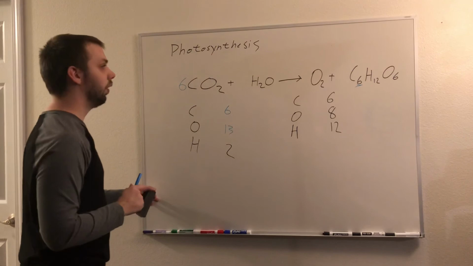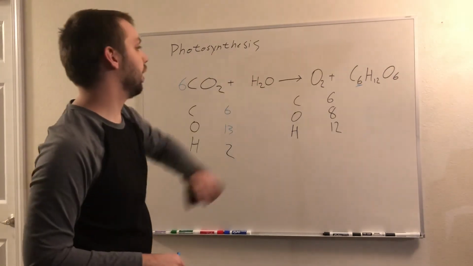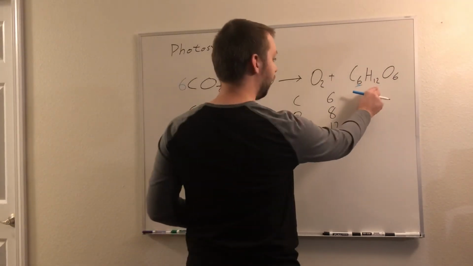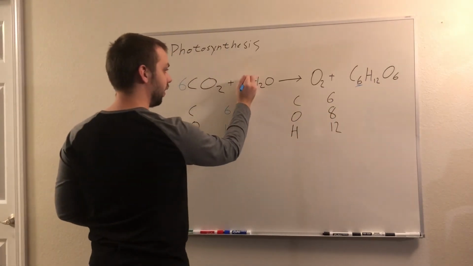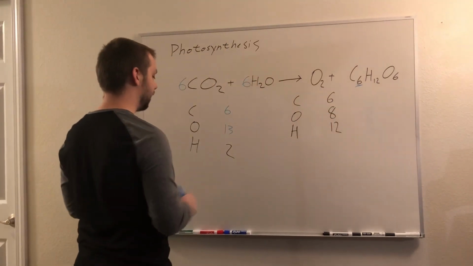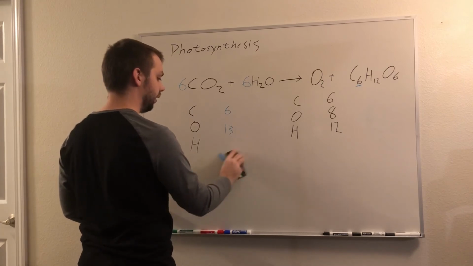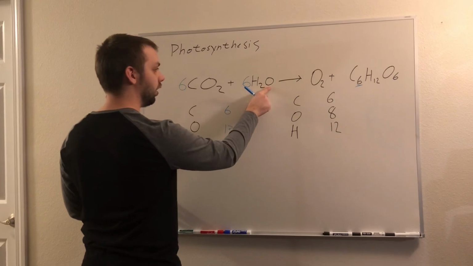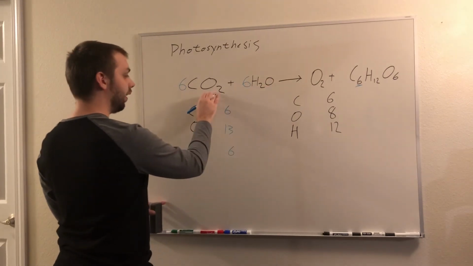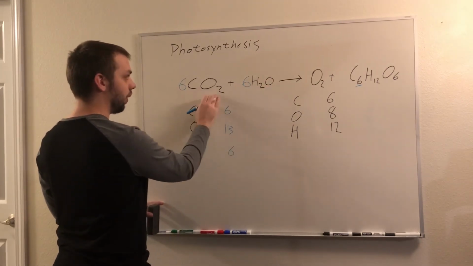Okay, so now let's keep balancing this one here. So this has 12 hydrogen. Well, if I multiply this by 6, that'll give me 12 hydrogen. So now my hydrogen is at 6. Then my oxygen here is 6, and then I had 12 here, since 6 by 2.